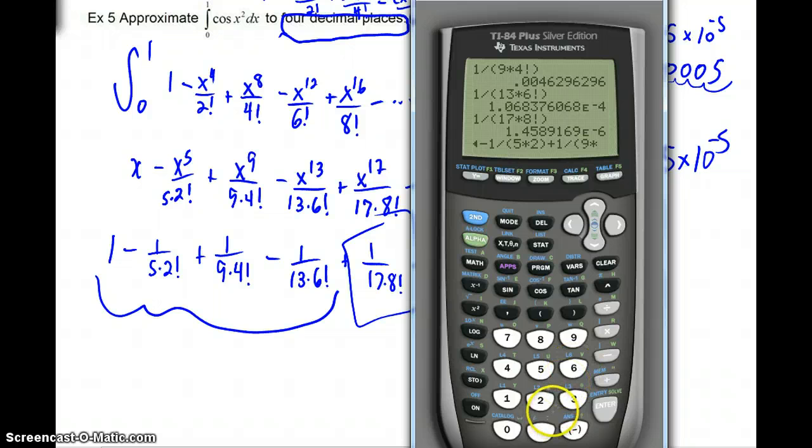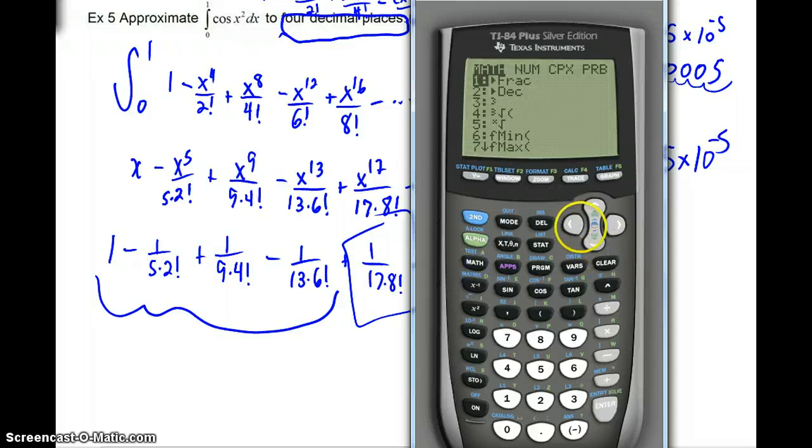Well, 4 factorial, 4 times 3 times 2 times 1, is actually 24. So you could save time with that. Finally, we'd say minus 1 divided by, and maybe at this point you'd want to type in 13 times your 6 factorial.